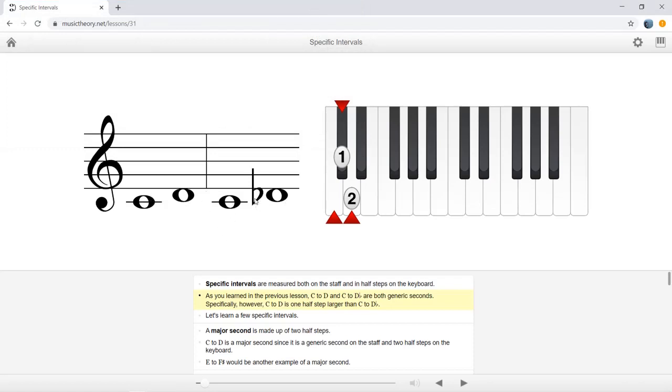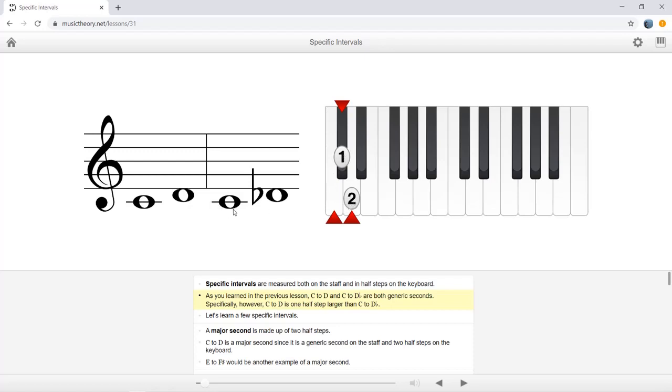So there are different types of seconds. So here's a second, but there are 2 half steps. And in half steps, you don't count the first one, you count the number of steps. So this isn't 1, 2, 3, this is 1, 2.